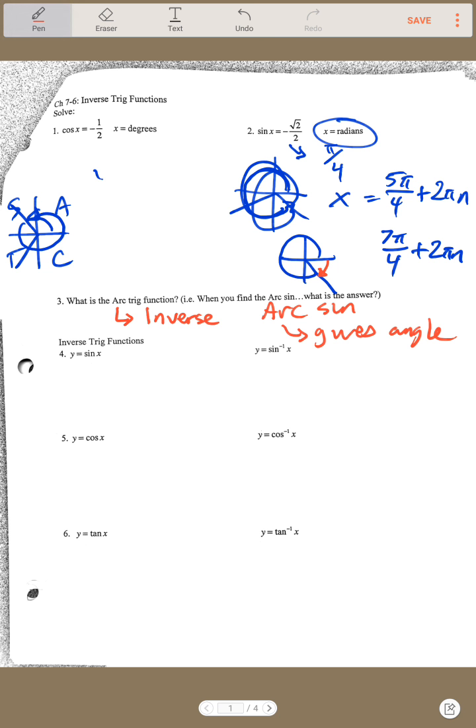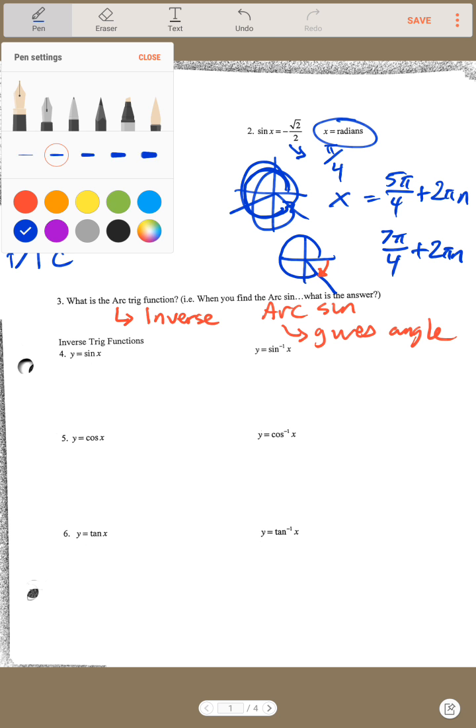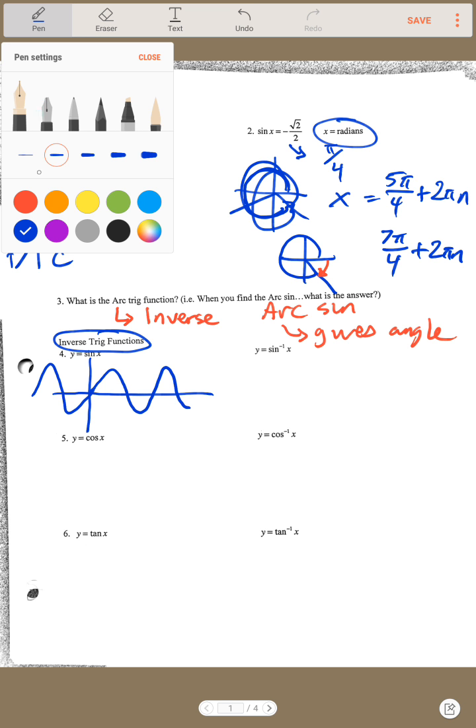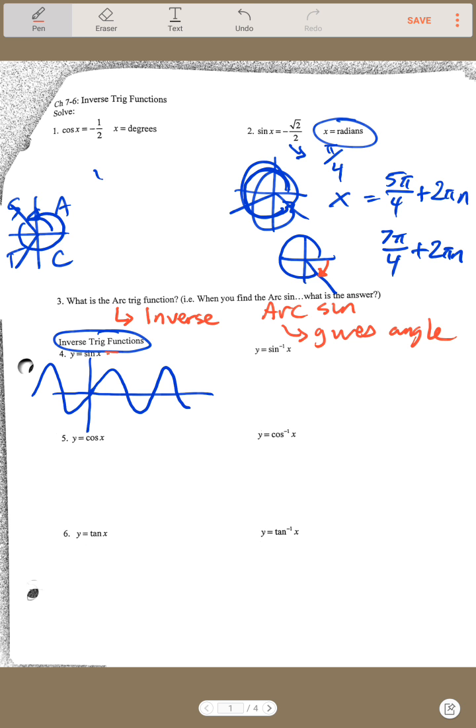When we look at the trig function, what we had graphed before was the sine graph, which starts at 0 and looks something like this. And so because we're looking for the inverse trig function, to find an inverse, keep in mind what we need to have.